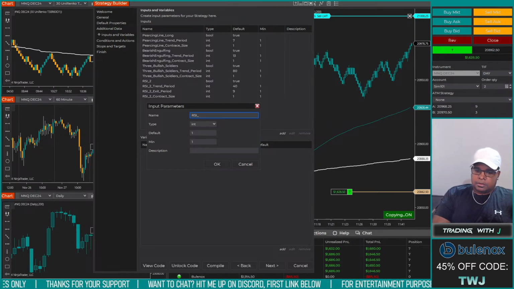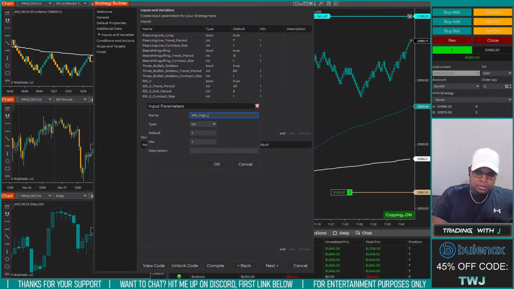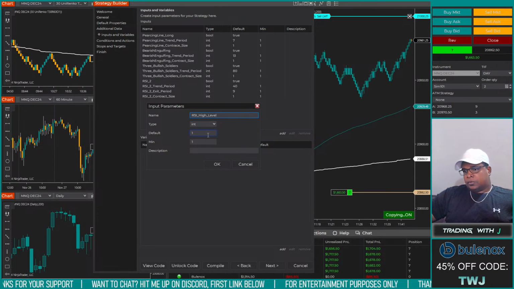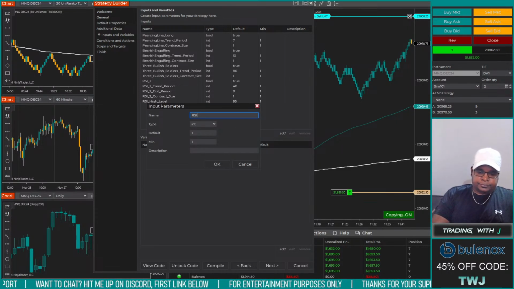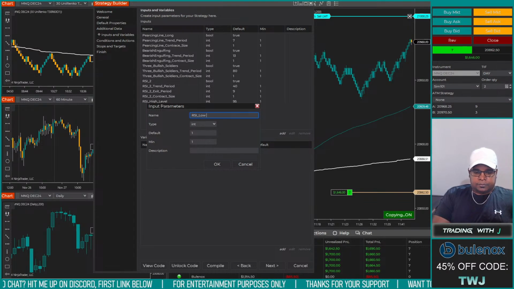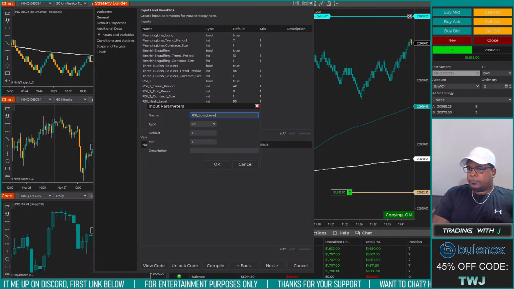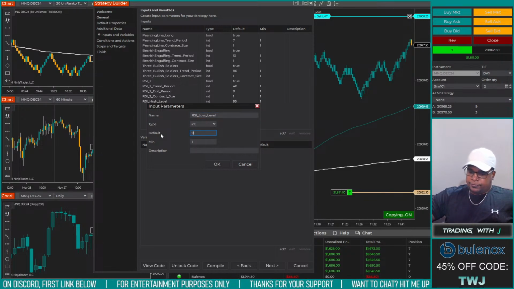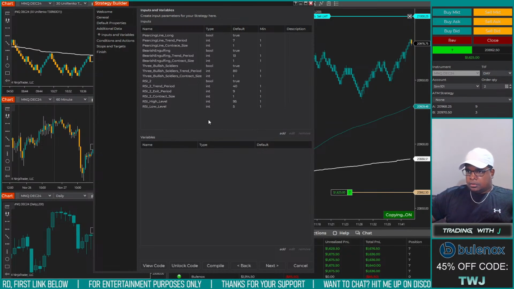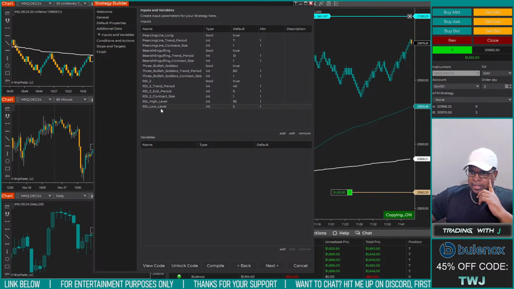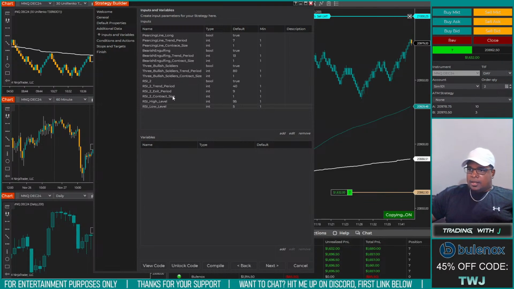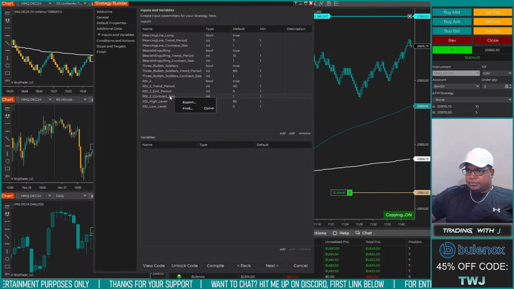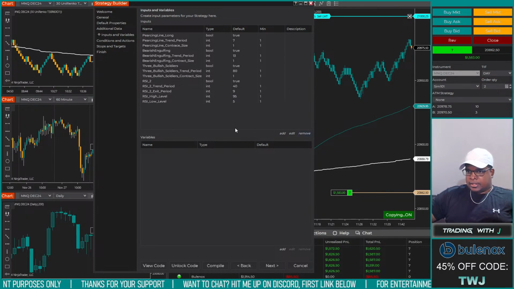RSI high level, that is 95, and the RSI low level, which is 5. The only thing I don't like with NinjaTrader, I can't rearrange the order of this, and I want the contract size and the period, especially the contract size, to be at the bottom. So we will remove this and I'll add it in after.